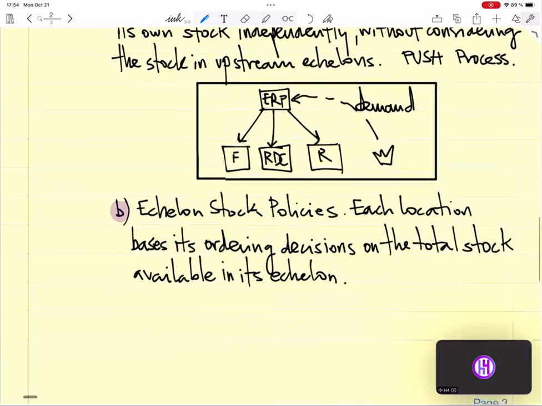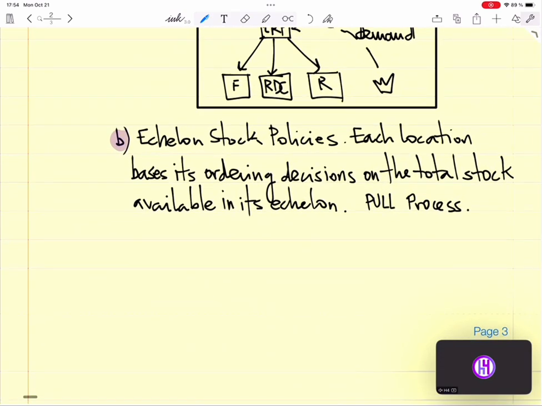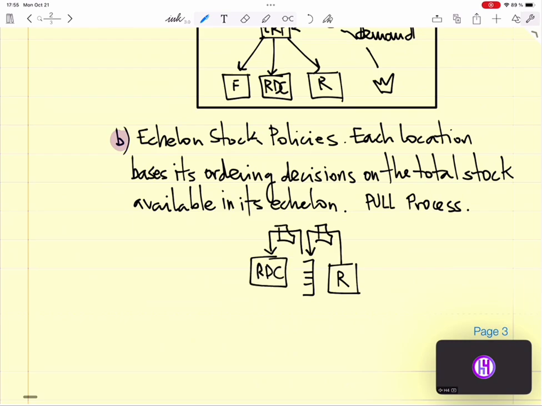This results in a pull process. And basically the way this is represented is that we don't have ERP anymore. We have some sort of Kanban or pull process between the echelons.